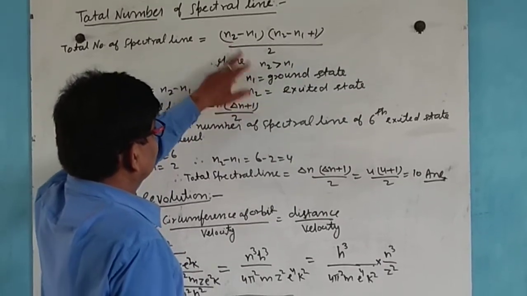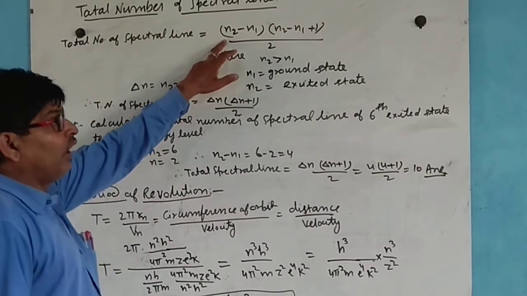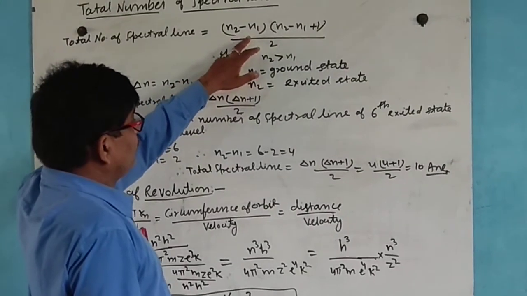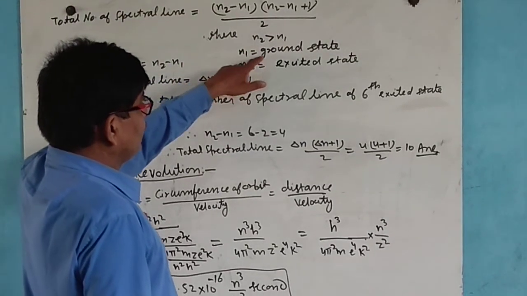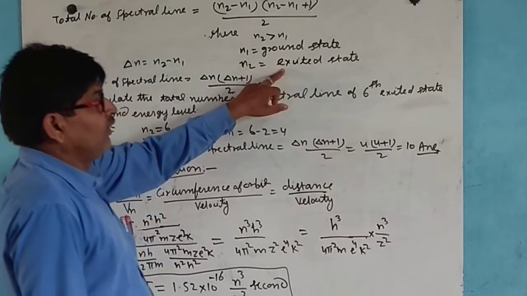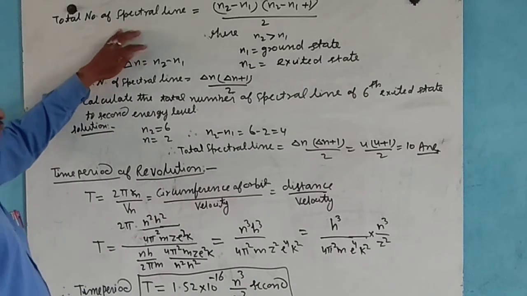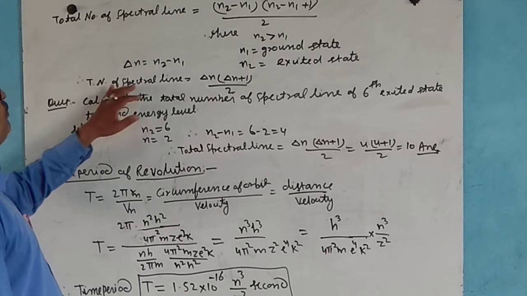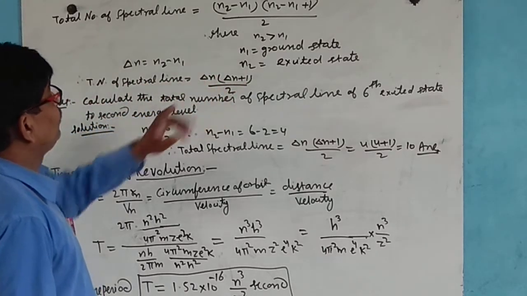Here n2 is greater than n1 because n2 is the outer orbit in comparison to n1, which is the inner orbit, so n1 is the ground state and n2 is the excited state. Let delta n equal n2 minus n1. Total number of spectral lines equals delta n times delta n plus 1, divided by 2.